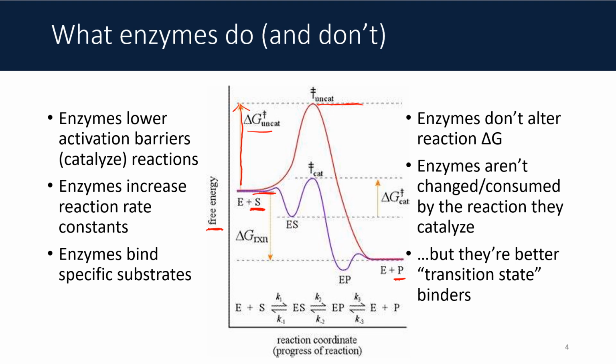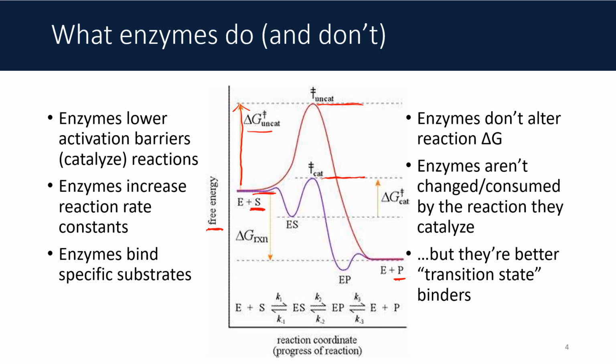That tunnel, shown as that blue curve, corresponds to the reaction coordinate of the enzyme catalyzed process. Notice how the activation energy between the transition state, the highest energy point of the blue curve, and the reactant state of E plus S is much smaller than the uncatalyzed process.